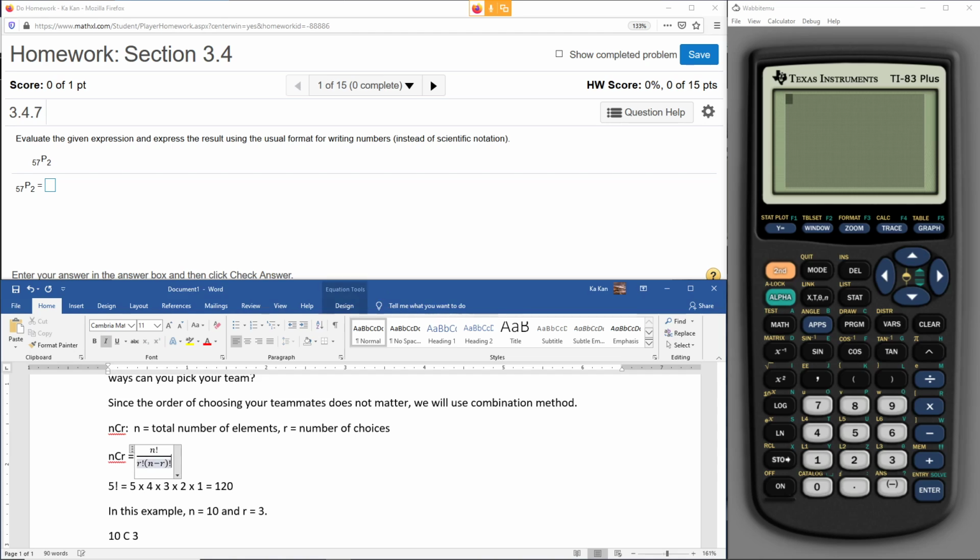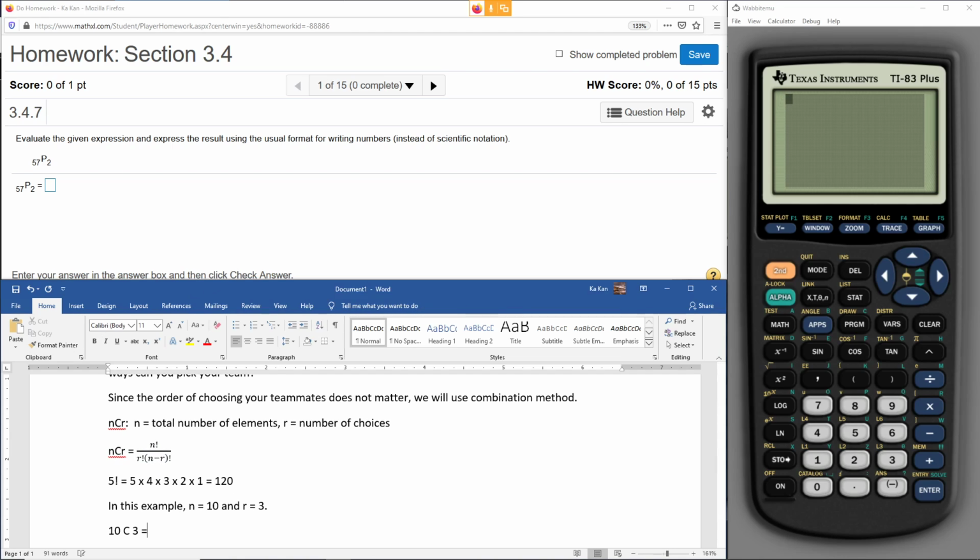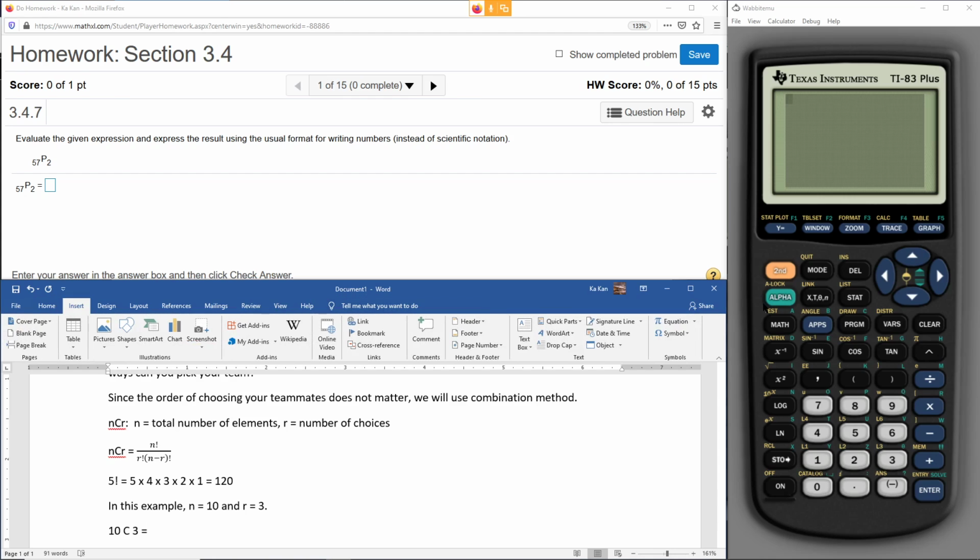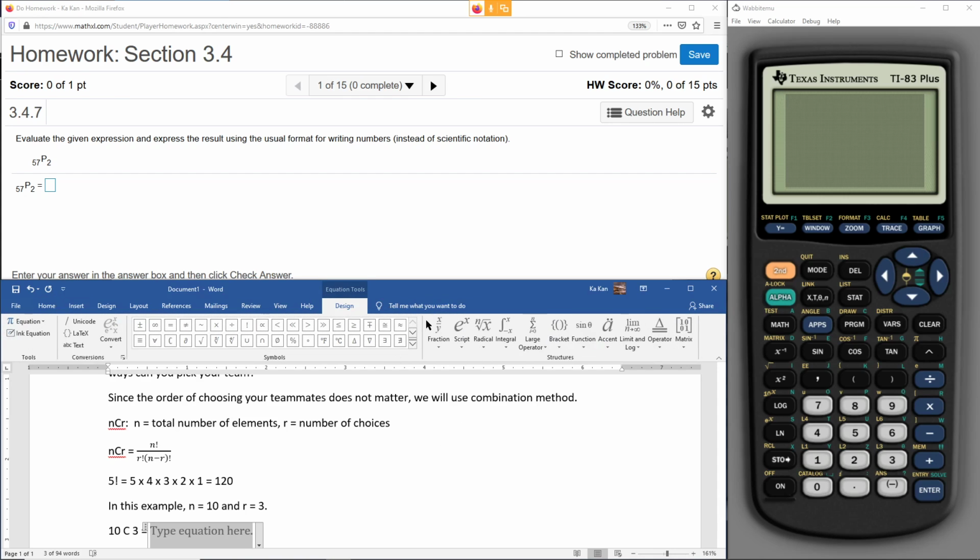So if you use this formula, you're supposed to get 10 factorial over 3 factorial times 10 minus 3 factorial, which is 10 factorial over 3 factorial times 7 factorial.